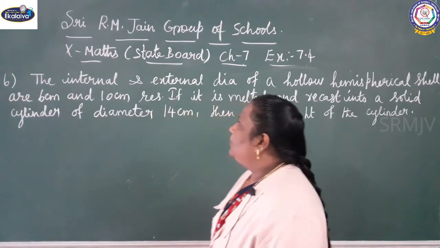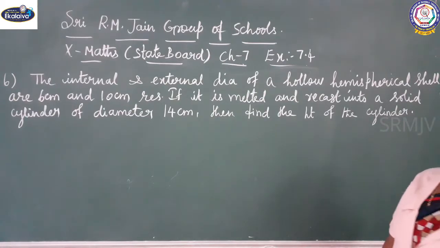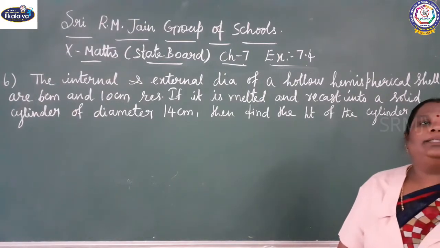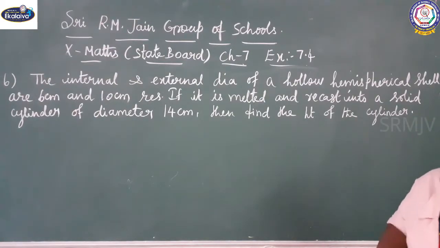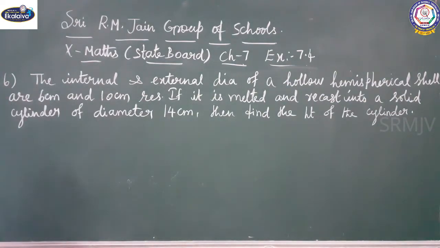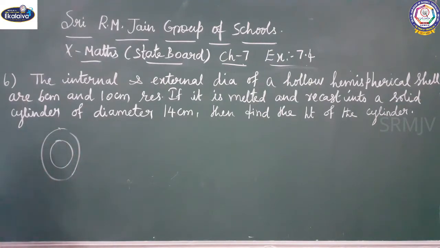See the sixth sum. The internal and external diameter of a hollow hemispherical shell are 6 cm and 10 cm respectively. If it is melted and recast into a solid cylinder, see the hollow hemispherical shell. So this is the inner diameter and outer diameter of the hemispherical shell.